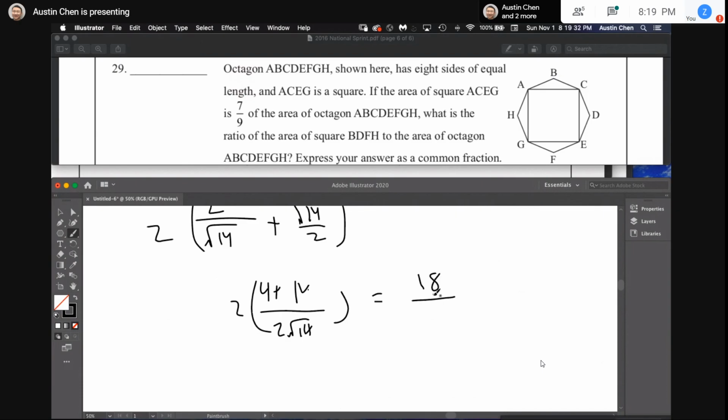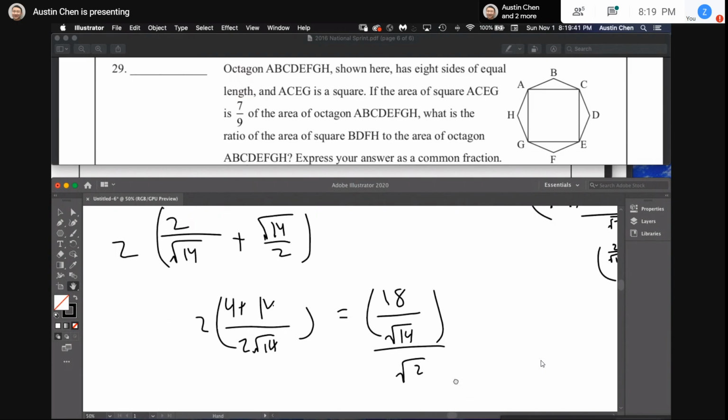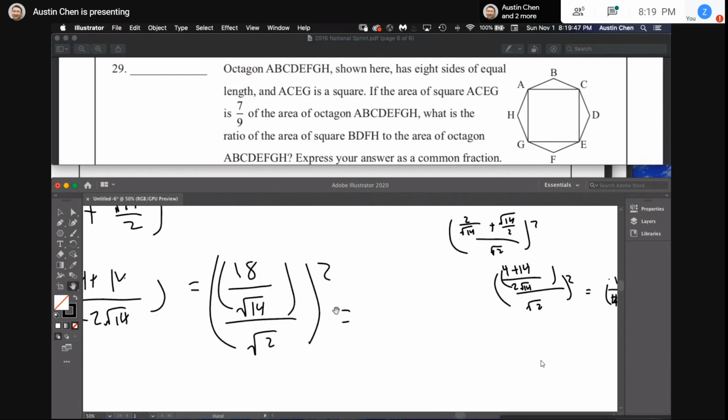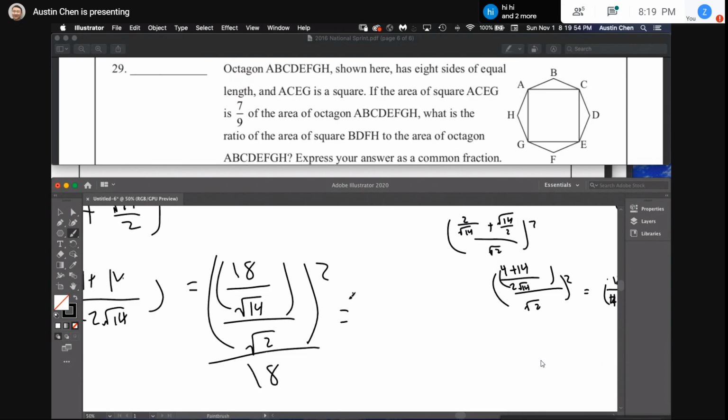So this will be 18 over root 14. Okay, this is the diagonal. So we put it over 2 to find the length of the square, and then we square it to find the area, and we'll need to put that over 18 at the end. Or we can just put it over 18 now. Okay, so this is our expression.